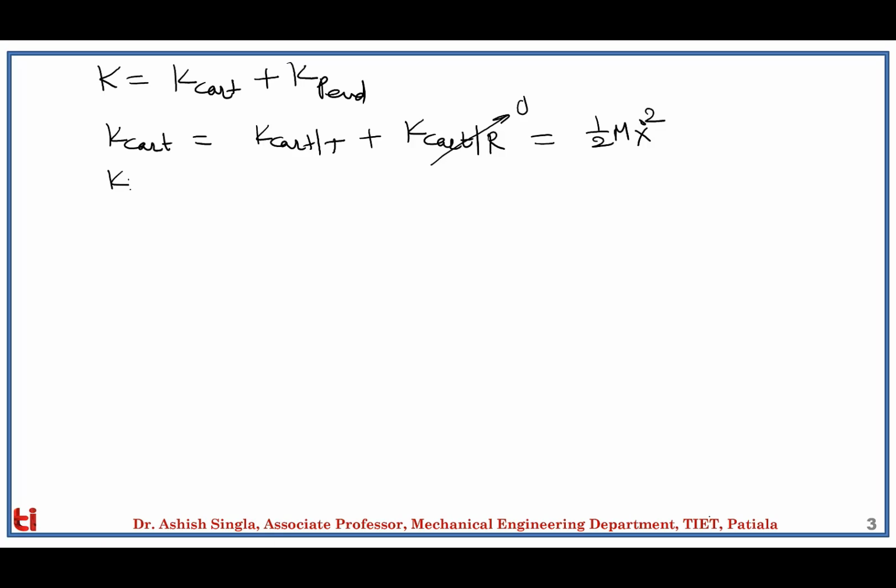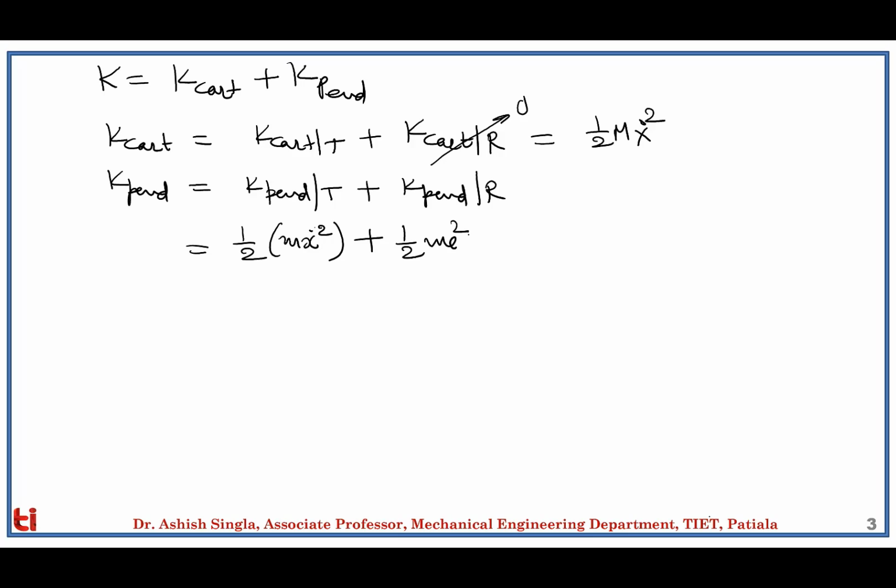Similarly, we have kinetic energy of the pendulum. It again has two components: kinetic energy of the pendulum translational plus kinetic energy of the pendulum rotational. Kinetic energy of the pendulum translational we have already calculated in the last slide, so we can write this again: half m x dot square plus half m L square theta dot square plus m L cos theta x dot theta dot.